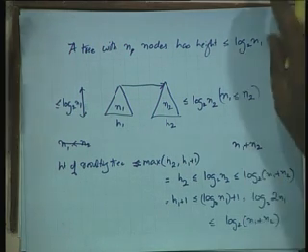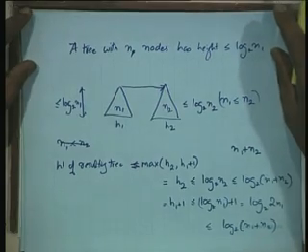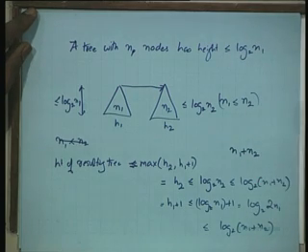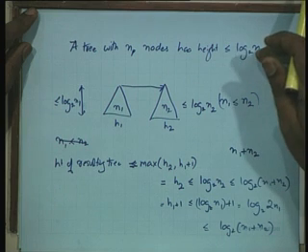Is the base case true? For n equals 1, the height becomes 0. Let us define the tree with only one node as having height 0. If n equals 2, this becomes 1, which is okay.